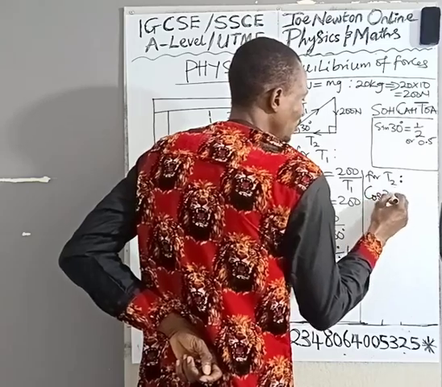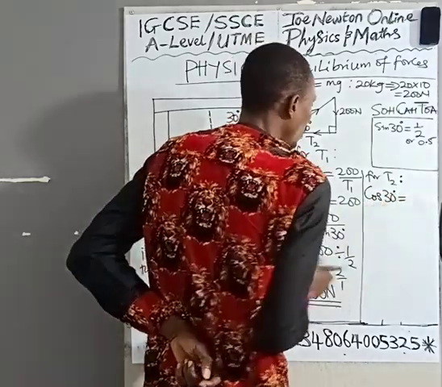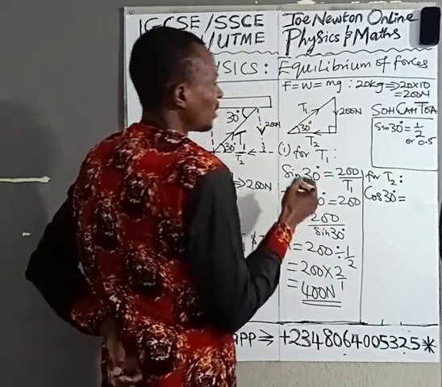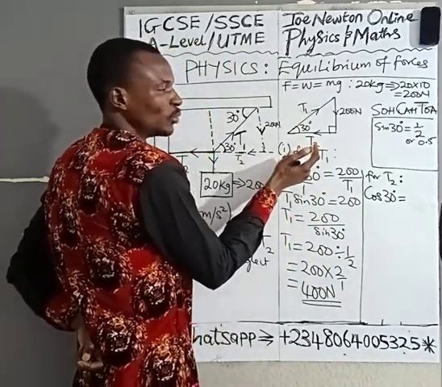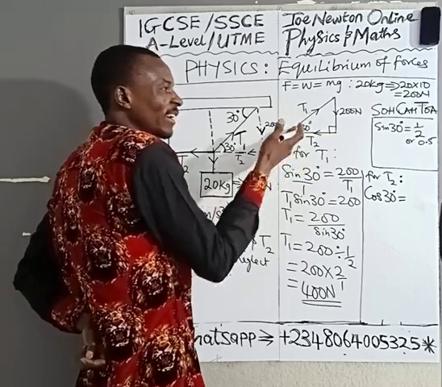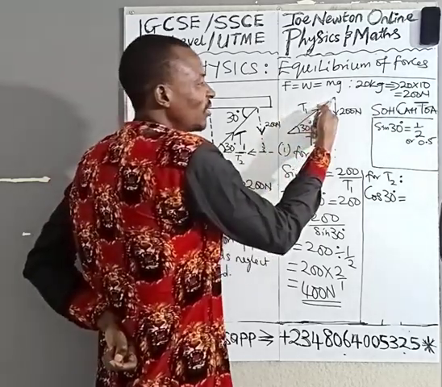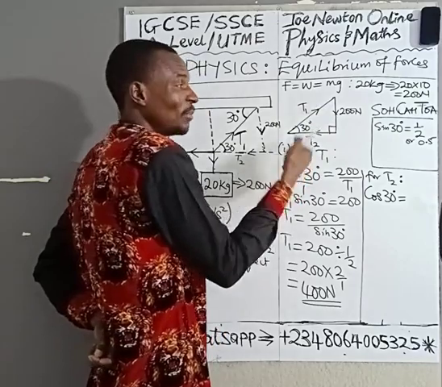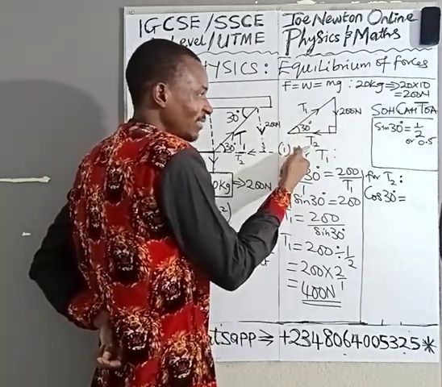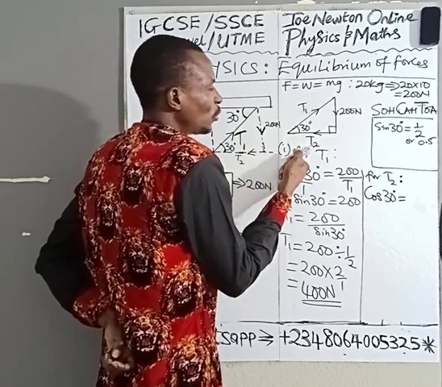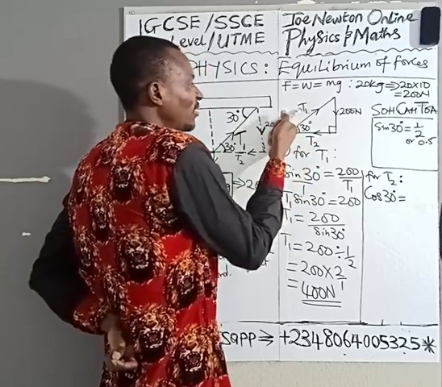So cos 30 degrees is equal to, now, what is the adjacent? The adjacent is T2, the other side that is not facing the angle. Remember, if the angle is here, here it becomes the opposite, so be careful. Here is the adjacent, T2. What is the hypotenuse? The hypotenuse is T1.